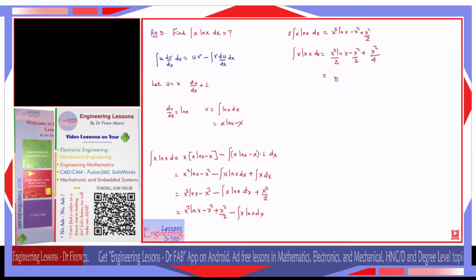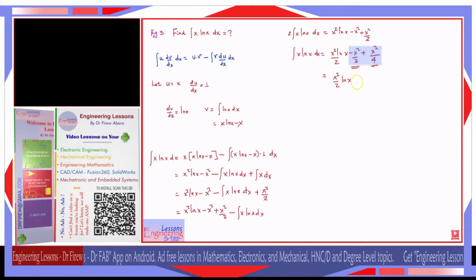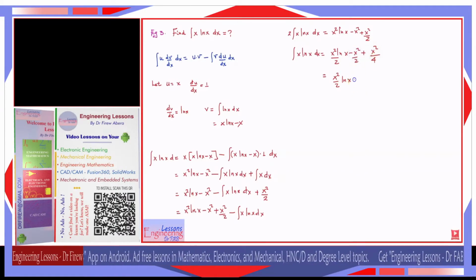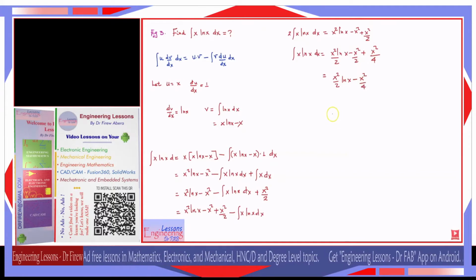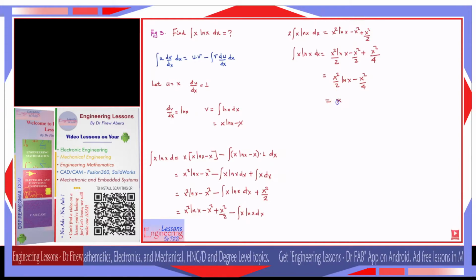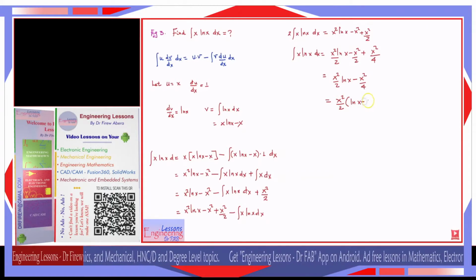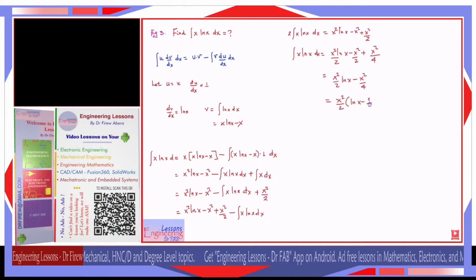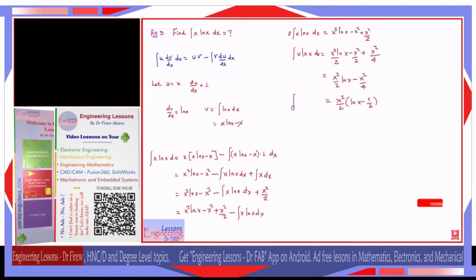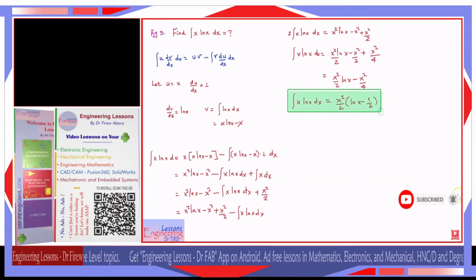Okay, so this will be x squared over 2 ln x minus half plus quarter. This will be minus quarter, that's x squared over 4. So we can end here, or we can just take that common factor, x squared over 2, so that will be ln x minus 1 over 2. Okay, so that is the solution for integral of x ln x dx.